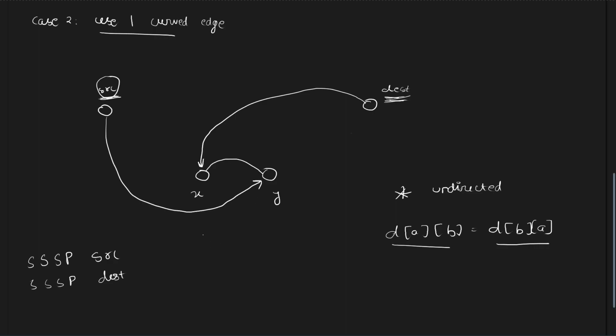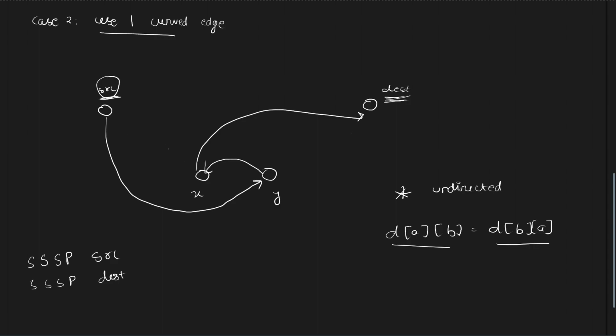So we have to take the minimum of these two ways to connect source and destination. Earlier we were connecting the source to x and the destination to y. Now we are connecting the source to y and the destination to x. So we will go from source to y, then y to x, and then x to destination. So this will be our flow.